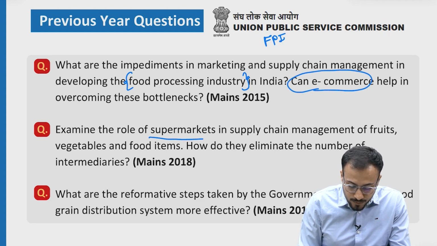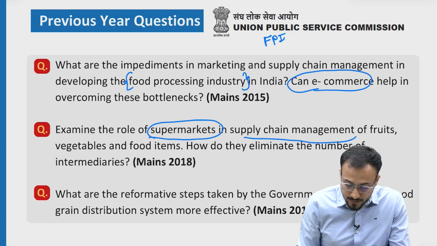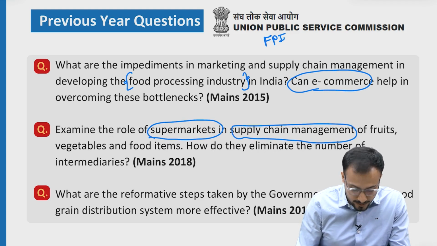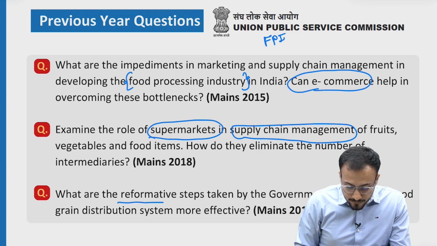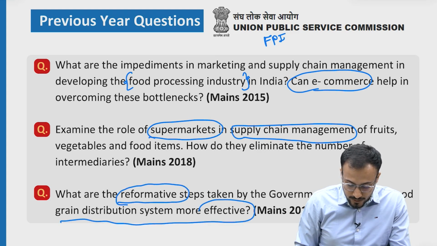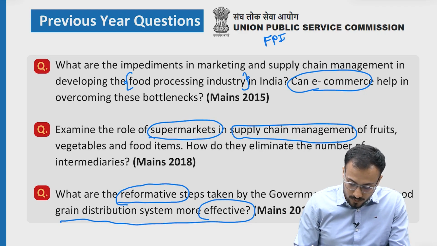Examine the role of supermarkets in supply chain management of fruits, vegetables and food items. How do they eliminate the number of intermediaries? What are the reformative steps taken by the government to make the food grain distribution system more effective? So this is linked to food security, PDS and reforms in PDS.